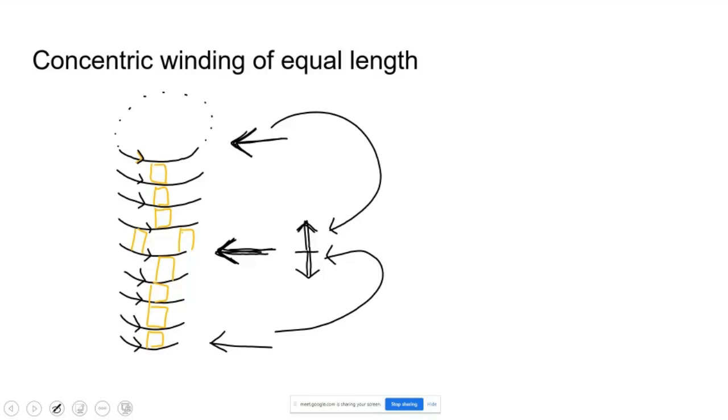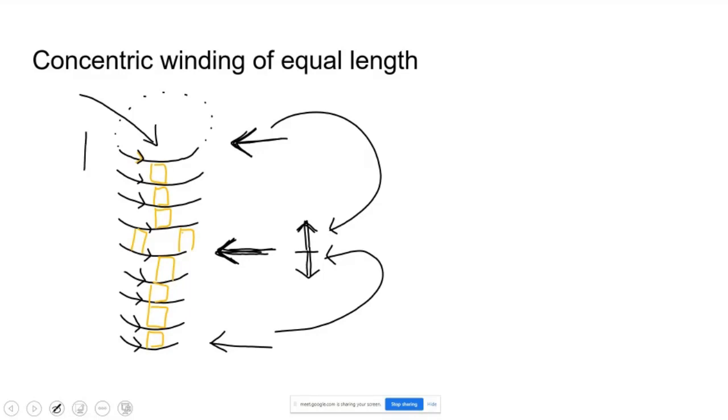But what about the top turn? What will all other turns do to this top turn? I am asking about the effect of all other turns on the top turn. Every other turn will pull it down. Sir, attraction.